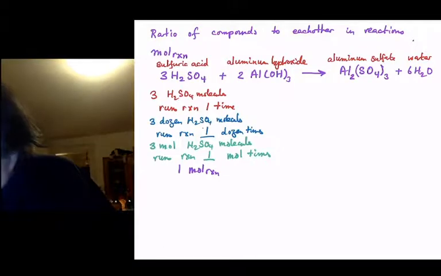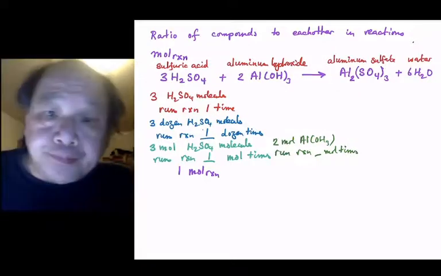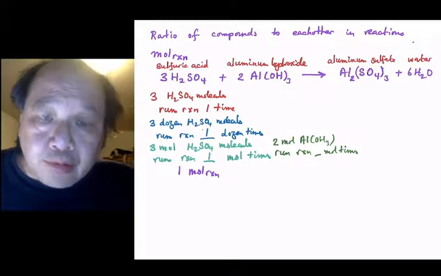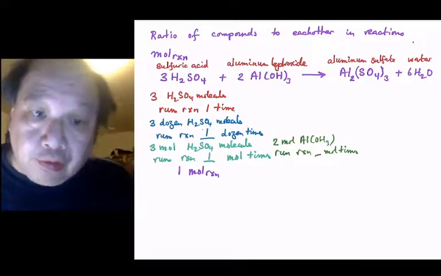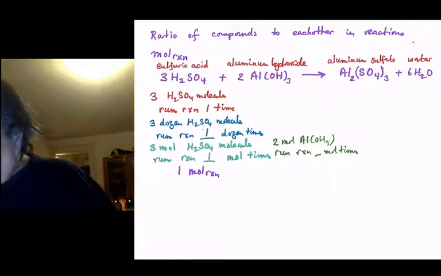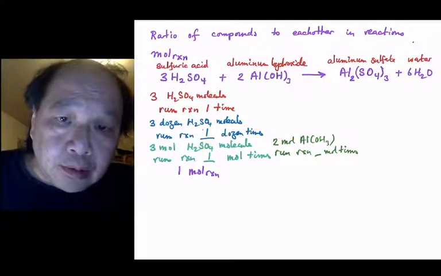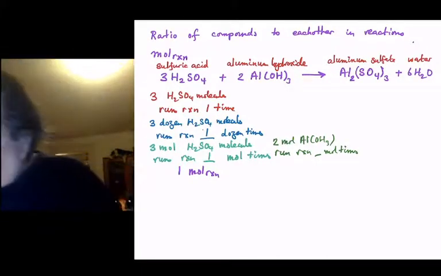So let's compare. Let's try another green one. 2 moles of AlOH3 run the reaction how many moles of times? Put that in chat, please. Notice that to get the reaction to run, you need 2 AlOH3 molecules to run at once. So 2 moles of it will run it how many times? 1 mole of times.